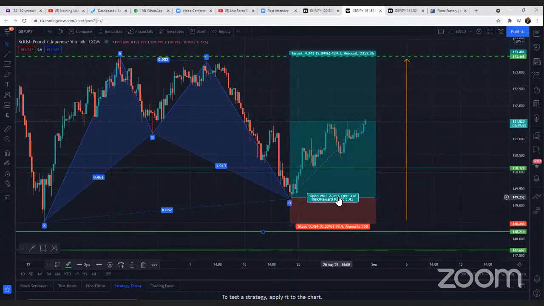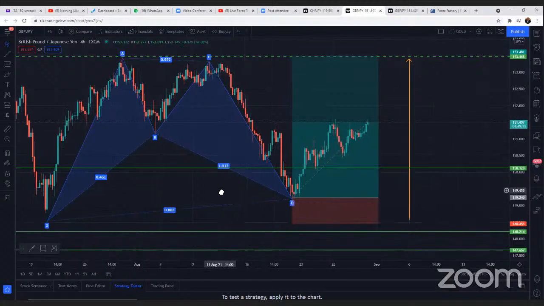It's 5 to 1, which basically means, to put it in simple terms, for every $1 that you could possibly lose, you could potentially gain $5, which is very good. You want your risk to reward to be good as a trader. So we have a risk reward of 5.41, which is like 1 to 5.41, which is very good.